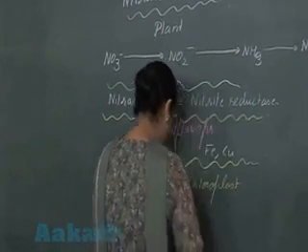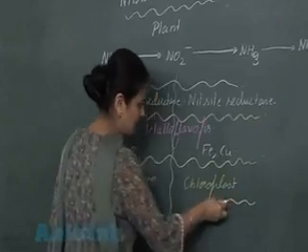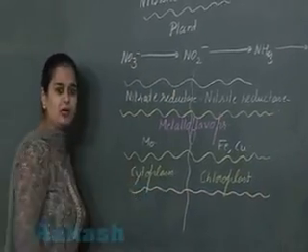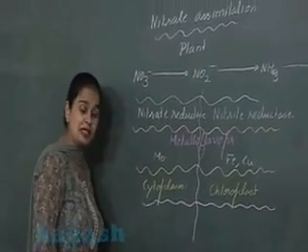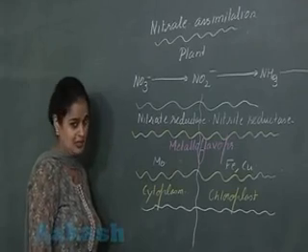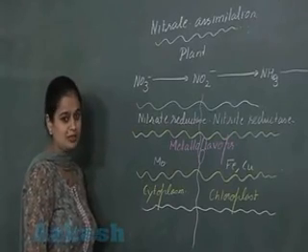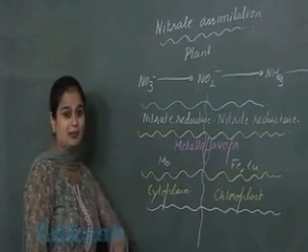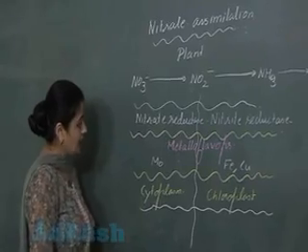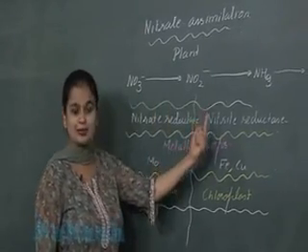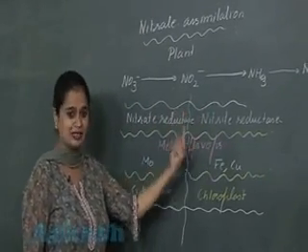So it means we can simply say this part of the nitrogen metabolism will occur in the green leaves. Yes, this part of the nitrogen metabolism will occur in the green parts of the plant. Now this process requires hydrogen and electrons.